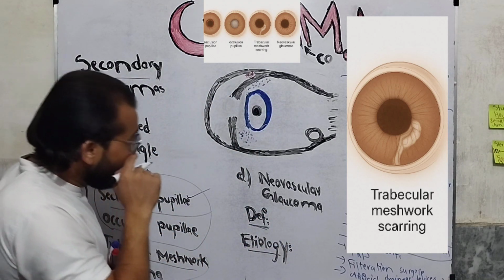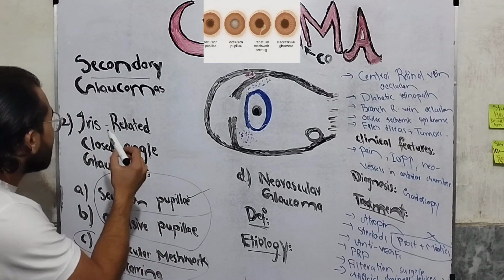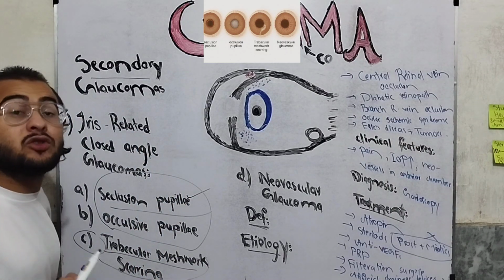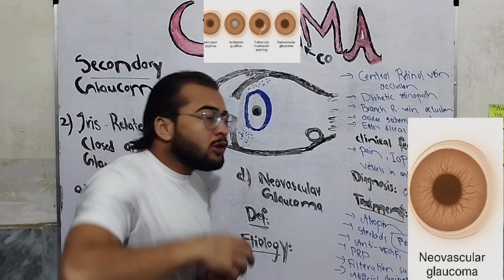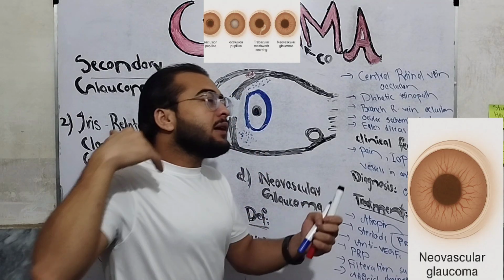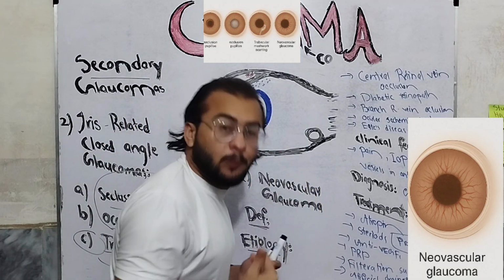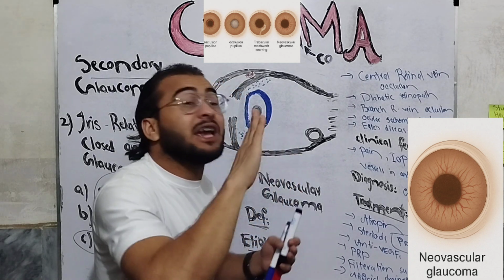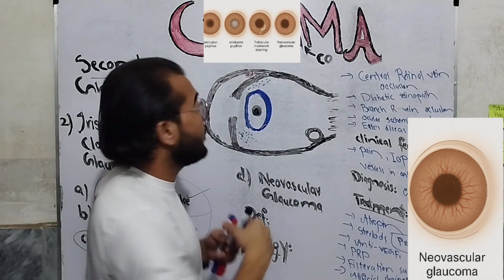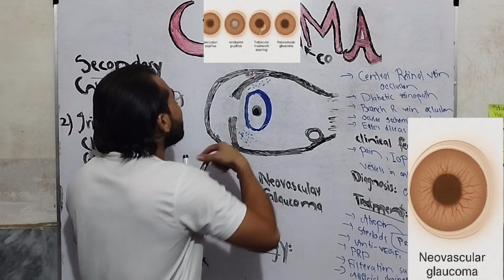The last closed angle secondary glaucoma related to the iris is neovascular glaucoma. Neovascular glaucoma is the elevation of IOP due to the formation of a new vascular membrane in front of the trabecular meshwork. What is happening in this case?